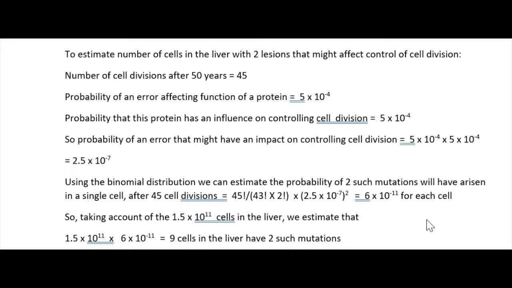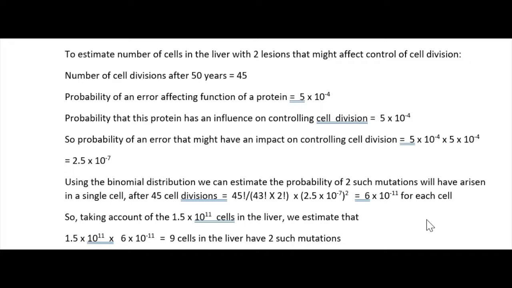But on the other hand, it's 9, and any one of those could potentially give rise to a cancer. So should we be very worried about that? Well, we've just arbitrarily said that's the probability of getting 2 such mutations, but 2 is not enough.